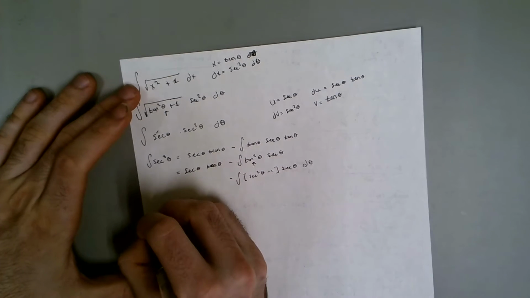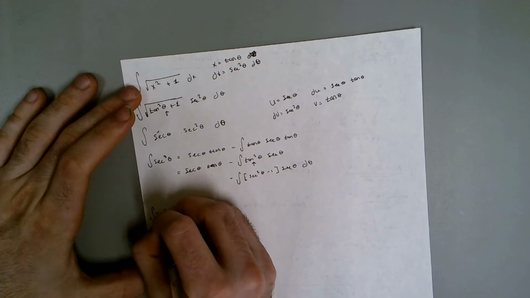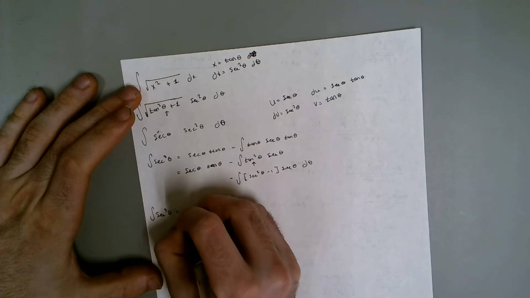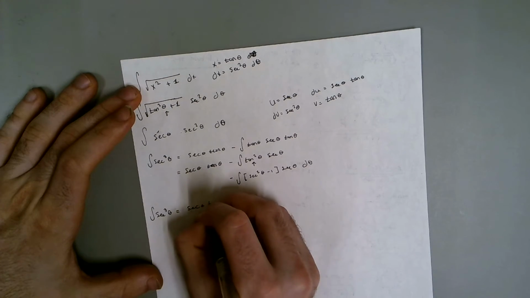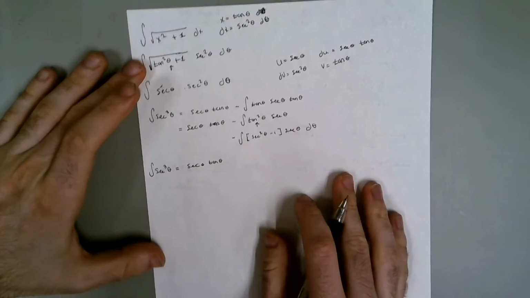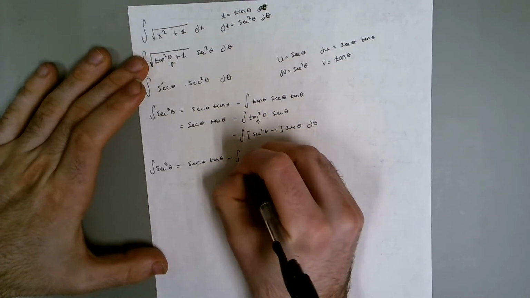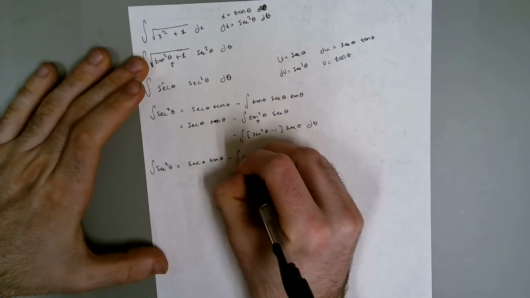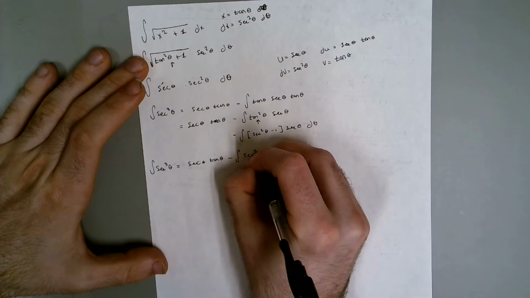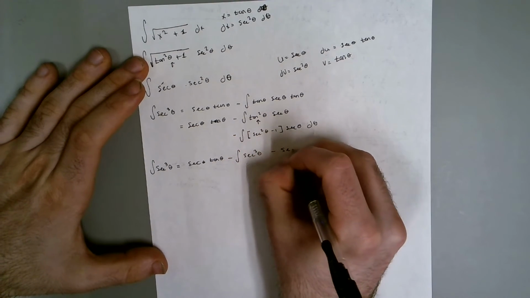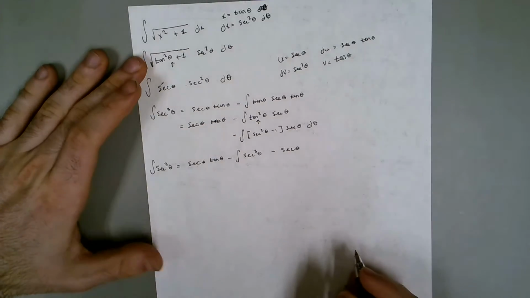Right, and so then we get that the integral of secant cubed theta is equal to secant theta tangent of theta minus the integral of, right, if we distribute our secant theta, secant cubed theta minus secant theta.